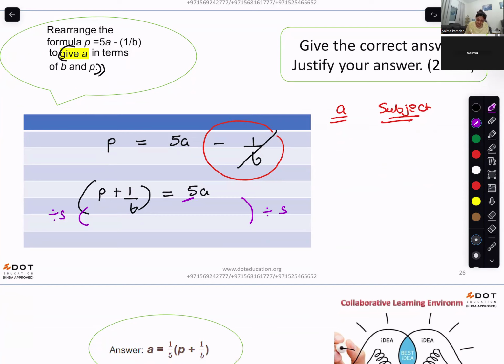So this will be P plus 1 by b, and if I'm dividing by 5, that means I'm putting 1 by 5. And here if I'm dividing by 5, this will be a. So I have put a in terms of b and p. They say a in terms of b and p. That means I wanted a to be my subject.